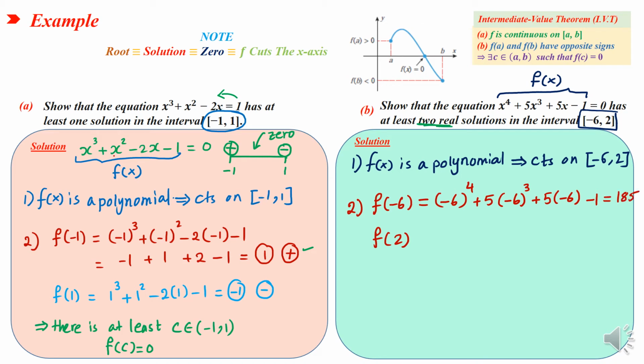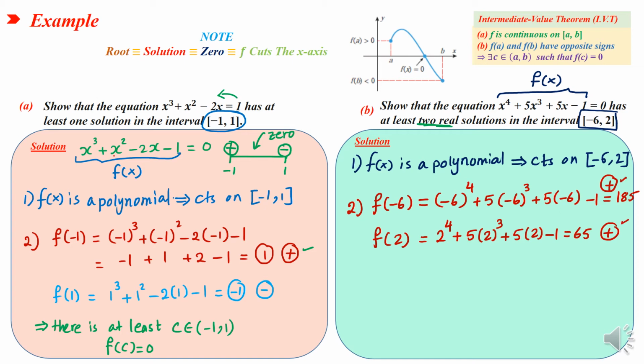which means that f of negative 6 is positive. Now what about f of 2? It will be 2 to the 4th plus 5 times 2 cubed plus 5 times 2 minus 1, and this gives us 65, and 65 also is a positive number. So the IVT is not working for this interval, because f of negative 6 is positive and f of 2 is positive.